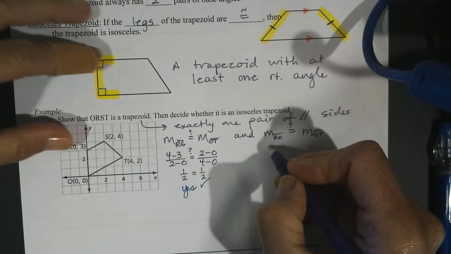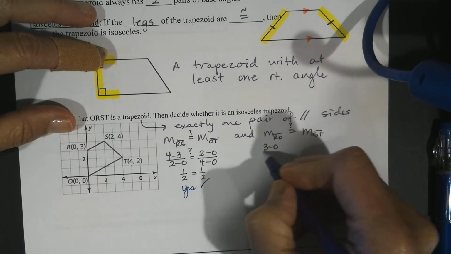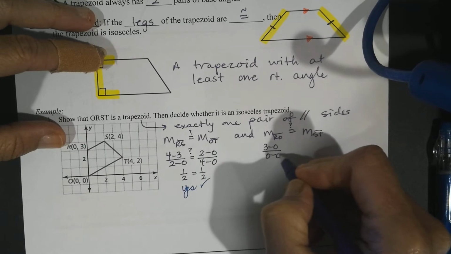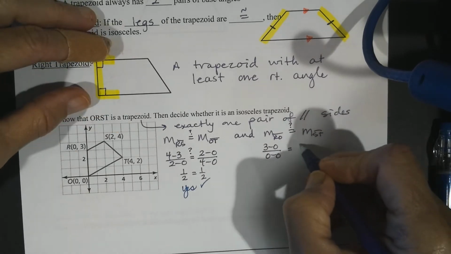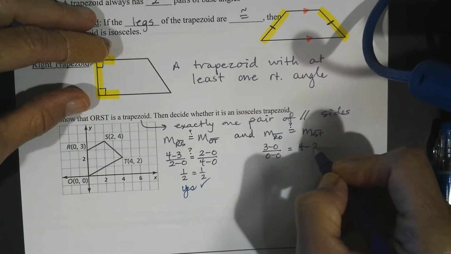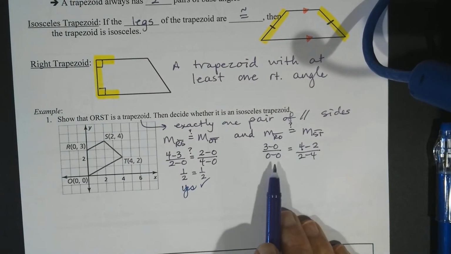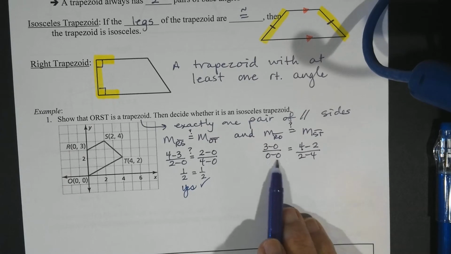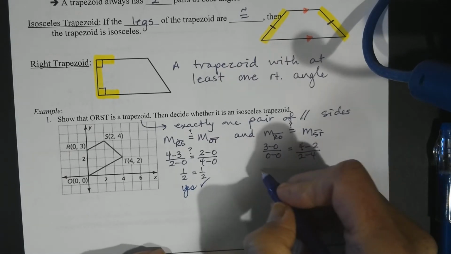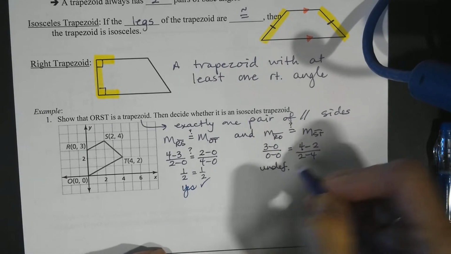And then this other one, you're going to check this way and this way. So it's going to be 3 minus 0 over 0 minus 0, and 4 minus 2 over 2 minus 4. You may notice that this right here is going to give you 0 on the bottom of a fraction, and that's going to be undefined.